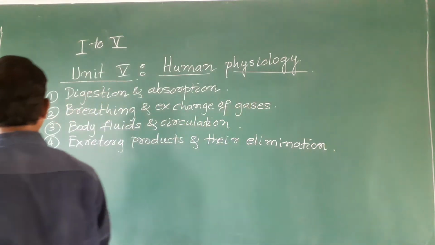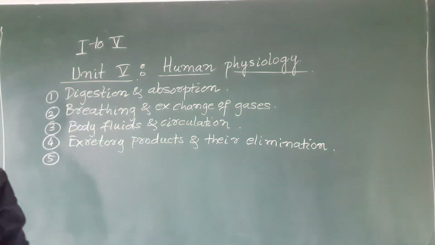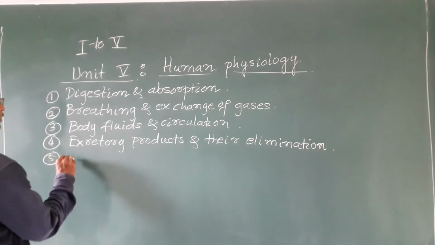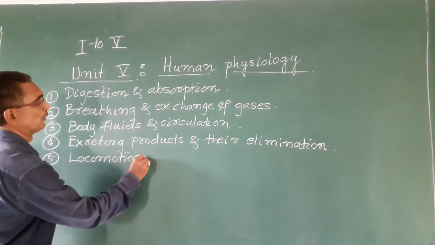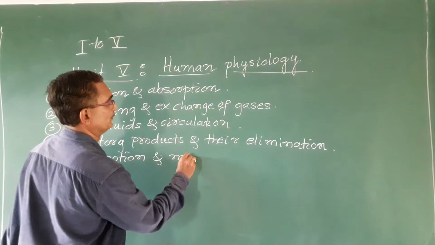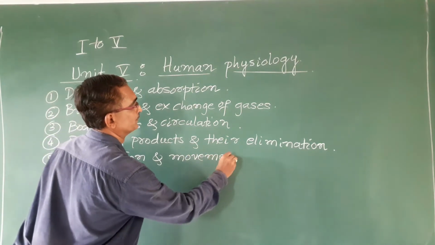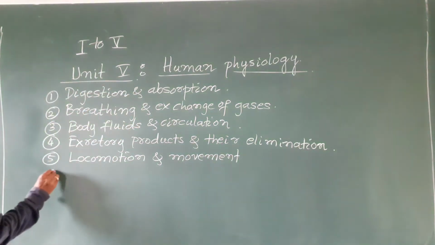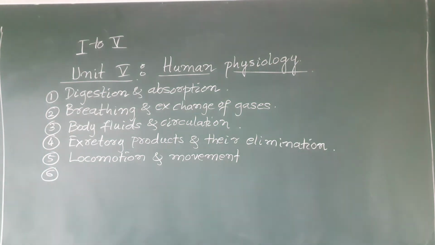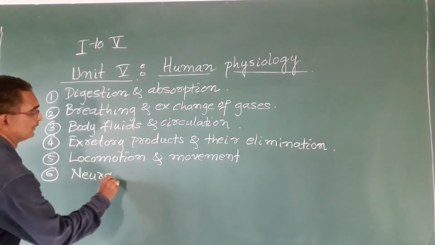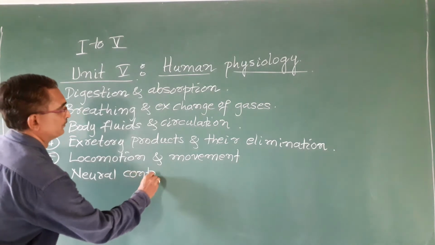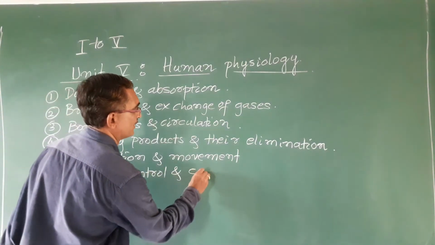The next chapter is about locomotion and movement. The sixth chapter is about neural control and coordination.